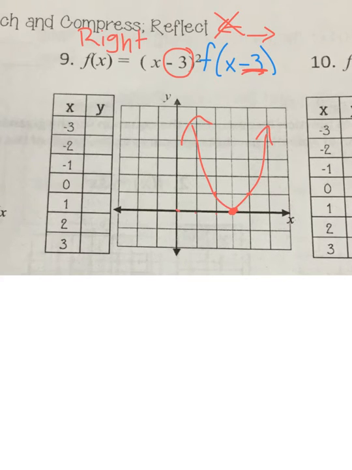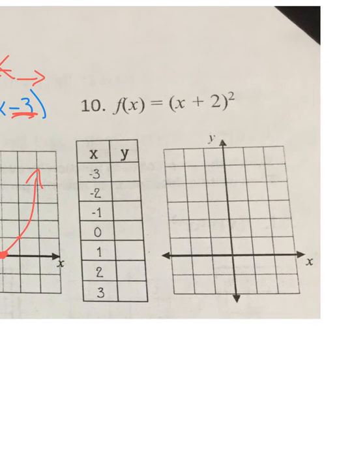And then just like that, with number 10, I would write that in function notation as f of x plus 2. Again, when I think positive, I tend to think positive is that side of the number line on the right, but it's paired with that x, so that's wrong. I'm really going to the left.